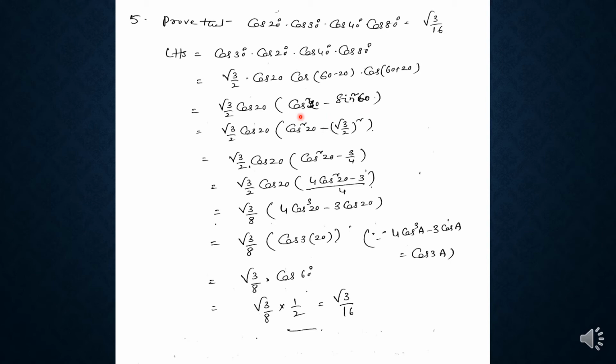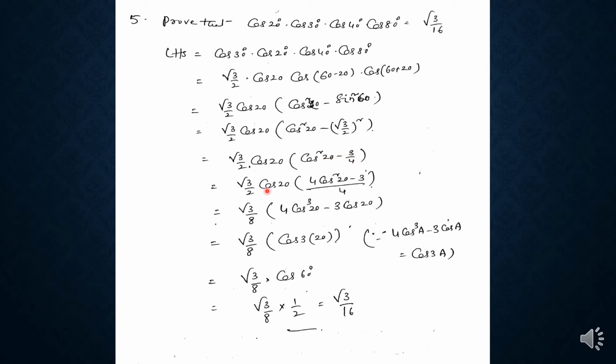I applied it, so b is equal to 20. So that is cos square 20 minus sin square a. Root 3 by 2 cos 20 into cos square 20 minus root 3 by 2 whole square. By simplifying this, we will get root 3 by 2 cos 20 into cos square 20 minus 3 by 4. By taking LCM here in the bracket, we will get 4 cos square 20 minus 3 by 4.